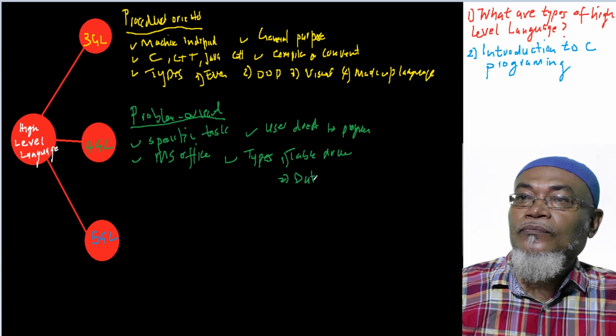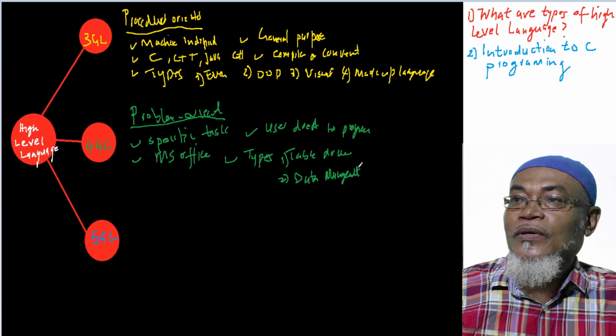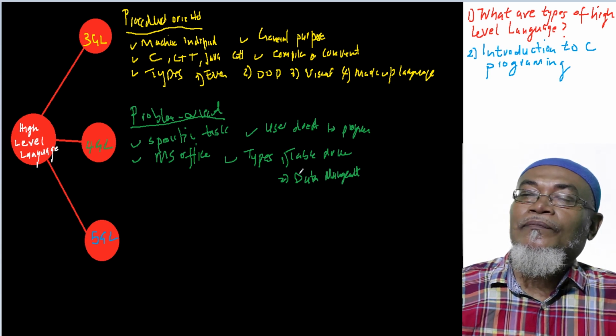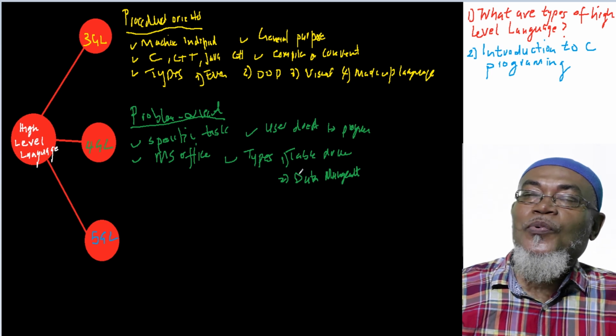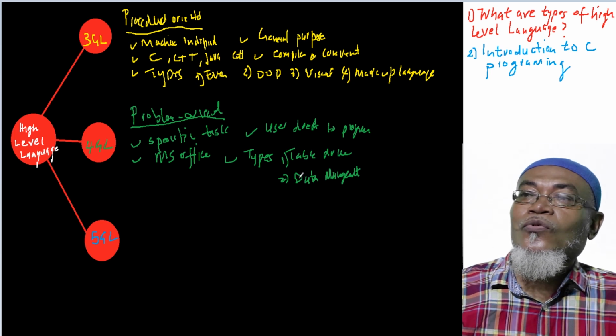Number two, we are talking about data management. In data management software, a user just provides data, and that data can be managed and manipulated to do various tasks.